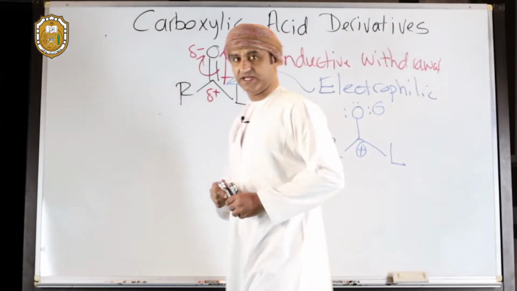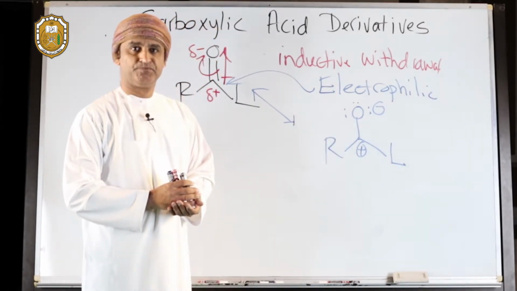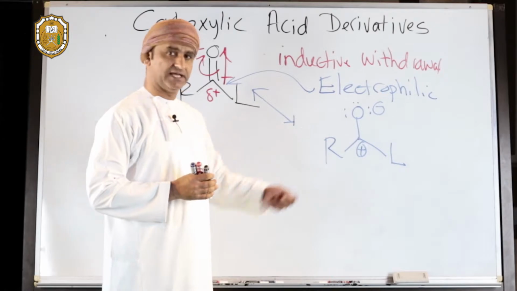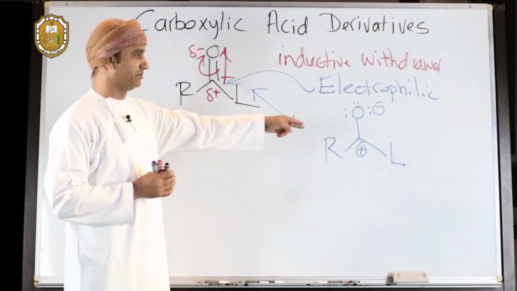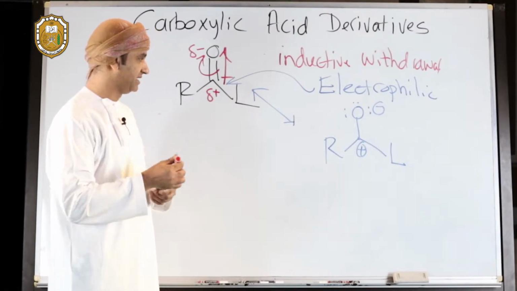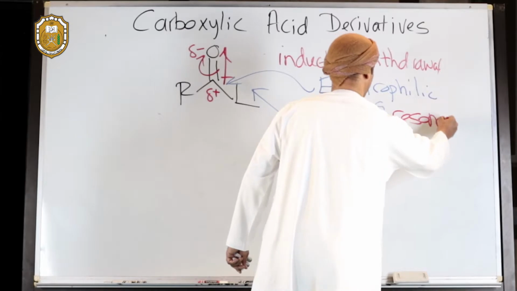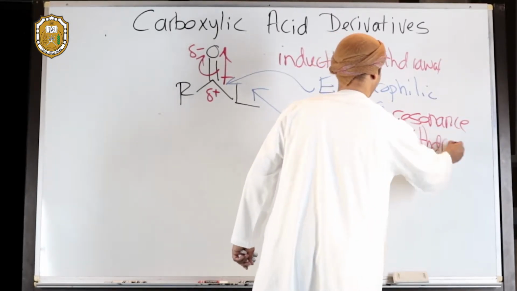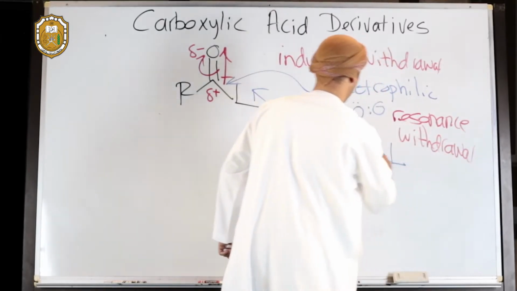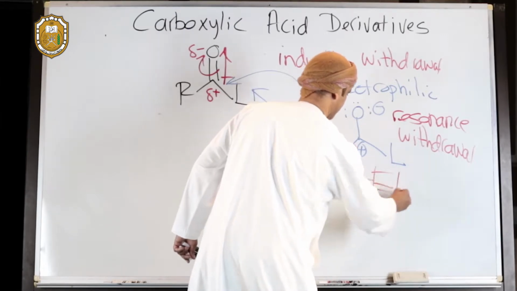And that's clear evidence now that carbon is electrophilic, because now it has a positive charge because it has lost its electron share. So this is resonance withdrawal, or resonance effect in general. And it is clear that carbon is electrophilic.